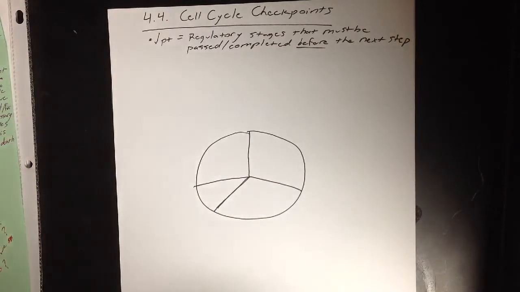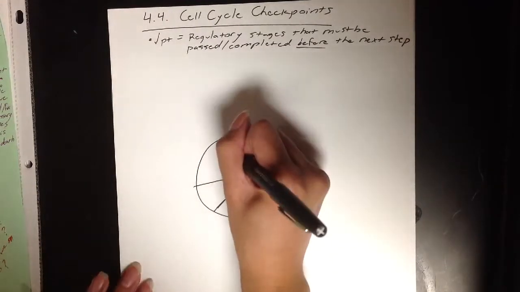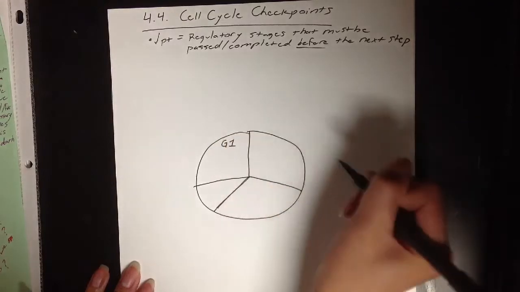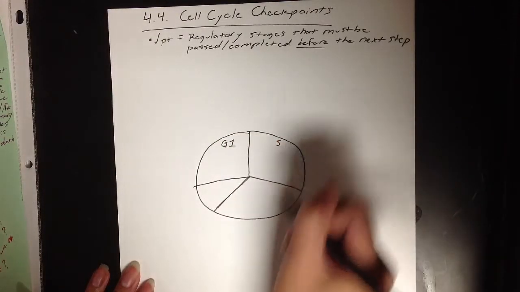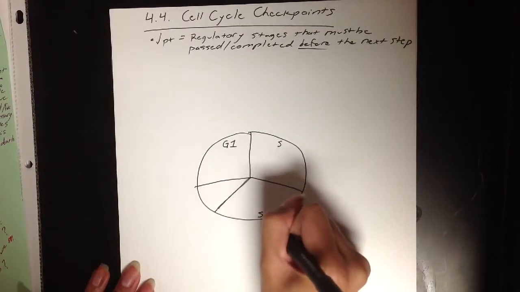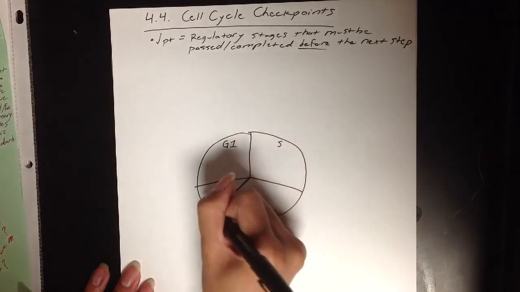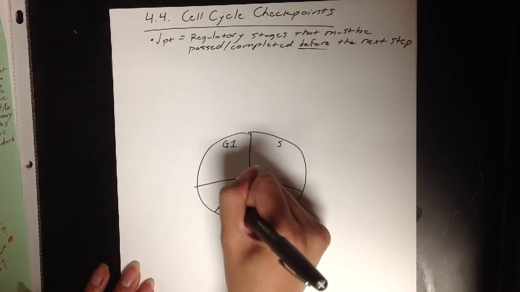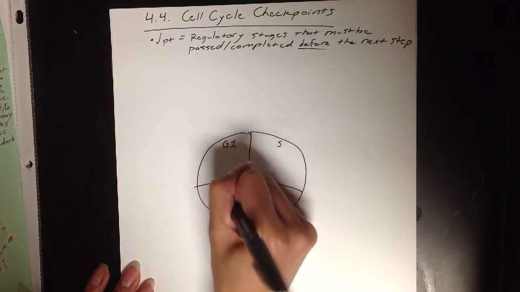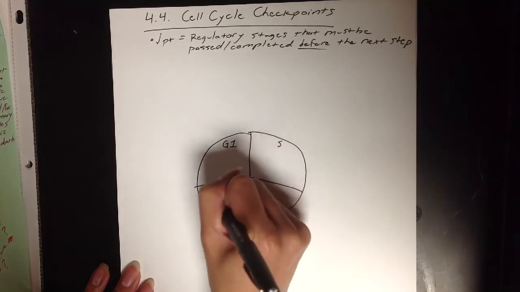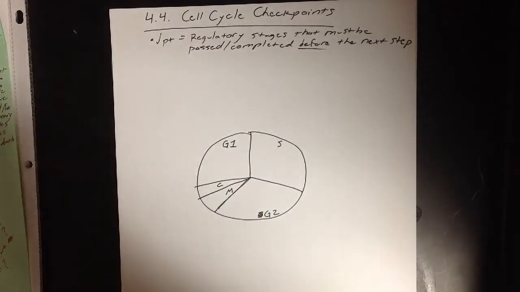So if you look at this, the first step we have is G1. Then we have the S phase. We have G2. And then we also have mitosis, which is M, and cytokinesis, which is C, and those can share a slot together.